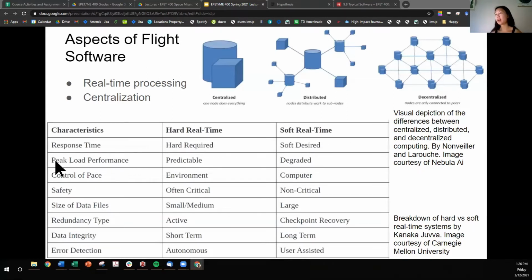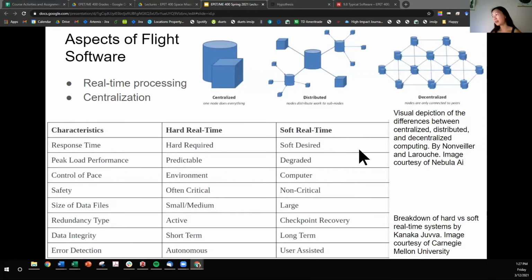For processes that have peak load performance, hard real-time systems adhere to predictable processes, whereas soft real-time degrades the peak load performance, but it gets it done. For hard real-time systems, the control of pace is defined by the environment, whereas for soft real-time processes, the control of pace is defined by the computer. For safety critical operations, hard real-time is critical.